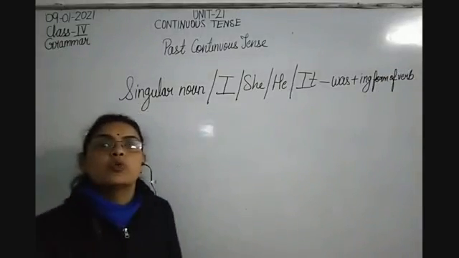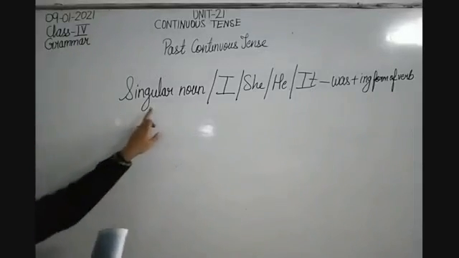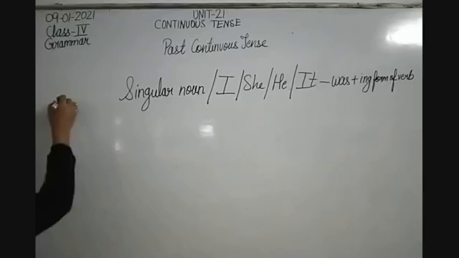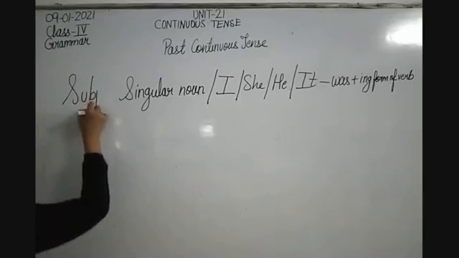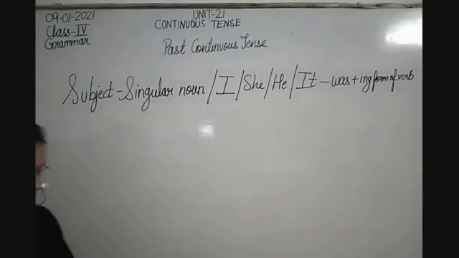This you need to keep in mind कि अगर आपका subject singular noun हो, I हो, she, he, it हो, है ना. ये subject के हिसाब से हम was plus ing form of the verb लगाएंगे.